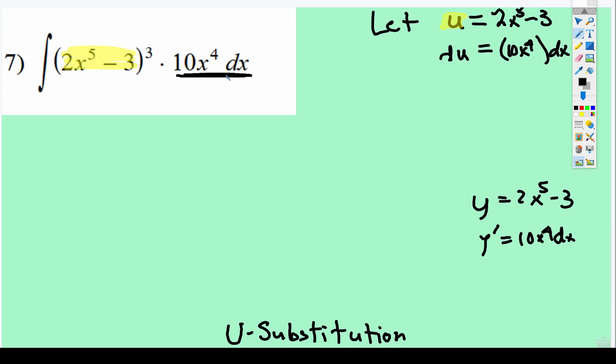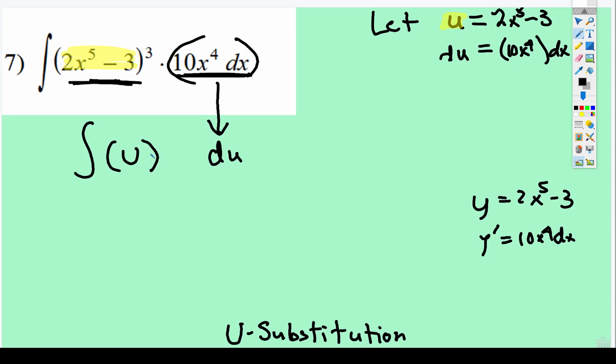Look at what that says right there. So now du, all of this stuff right here, is what's equal to the du. And this stuff right here is now the u, and the exponent stays.